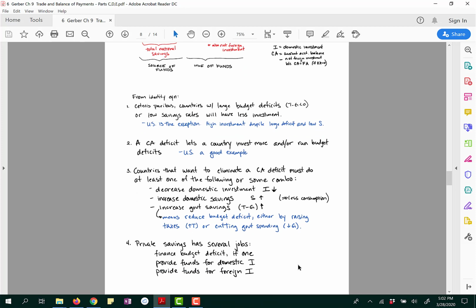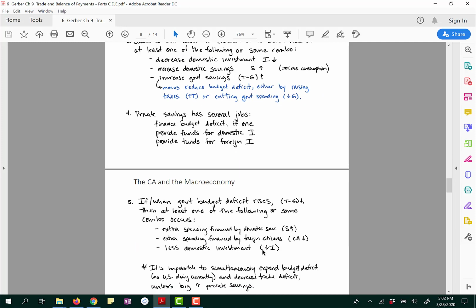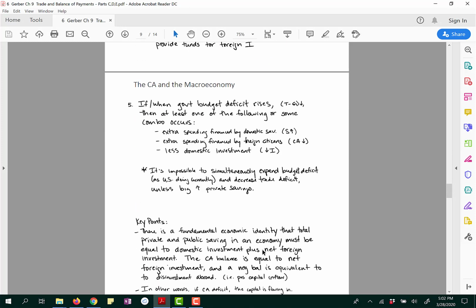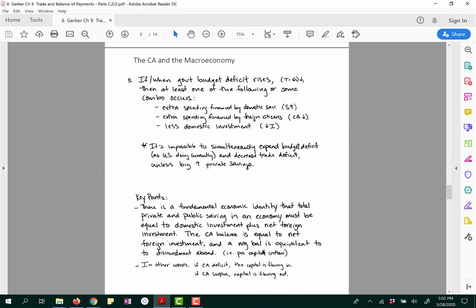Private savings has several jobs. We've talked about the two jobs, financing domestic investment and financing foreign investment, but also private savings finances the government budget deficit. When the government budget deficit rises, then at least one of the following or some combination has to occur.